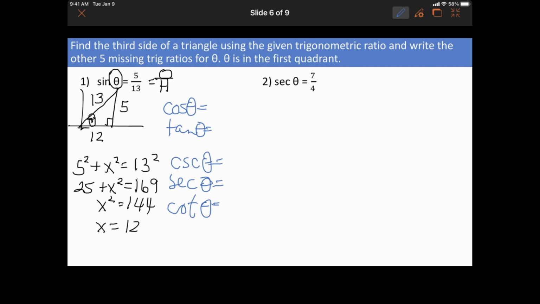All right, so this is my opposite, this is my adjacent, and this is my hypotenuse, SOHCAHTOA. So cosine is adjacent over hypotenuse. Tangent is opposite over adjacent. And then I'm going to do the bottom 3, and I'm going to use the reciprocal.